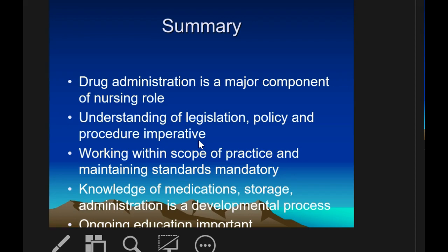Remember, as a nursing student, I always make the cautionary note that if you're an enrolled nurse and you are through your enrolled nurse work administering medications, be very careful when you're on workplace learning as a nursing student and the BN to be careful here in adhering to your scope, not working outside that scope. And knowledge of your meds, storage, it's a developmental process and you've got to have ongoing education.